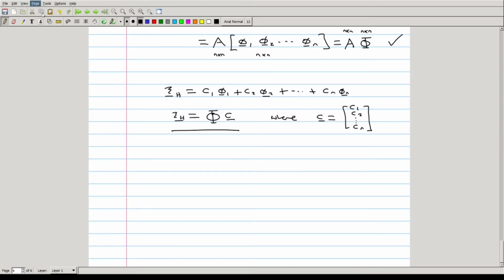And we also have a definition now of the Wronskian.